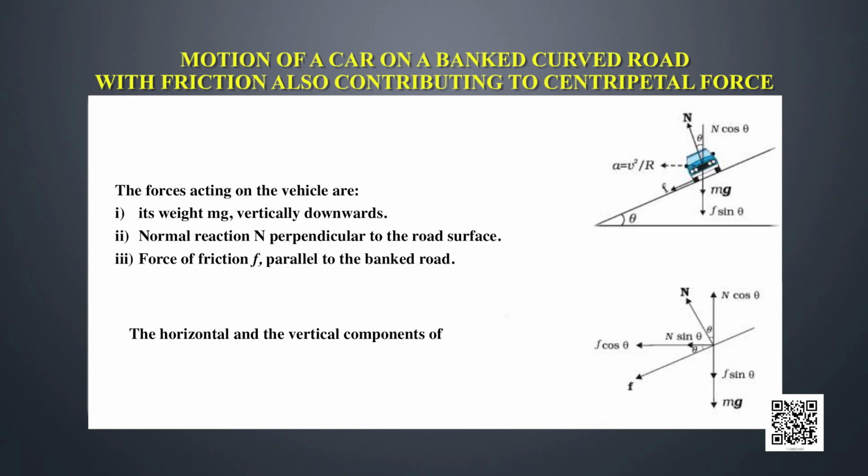the normal reaction and the force of friction. They can be resolved along horizontal and vertical. The components of normal reaction are N cos theta vertically upward and N sin theta along horizontal. The components of the force of friction are F cos theta along horizontal and F sin theta vertically downward.